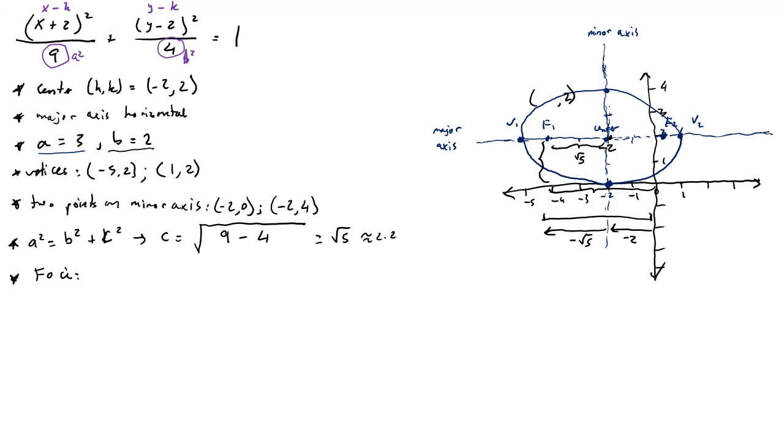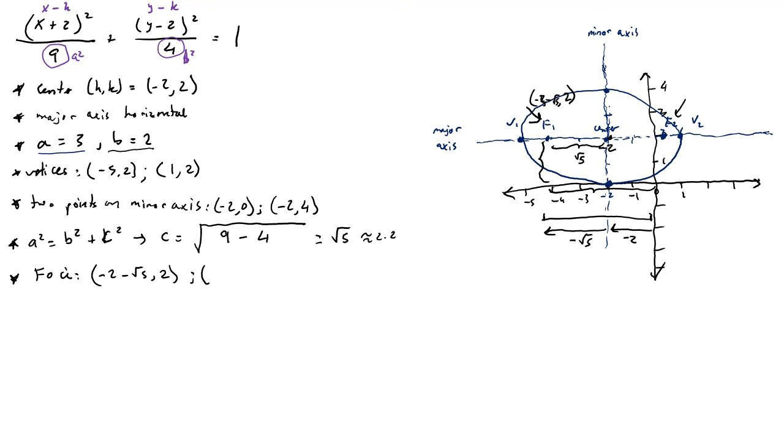Okay, so the x coordinate for the point F1 is going to be -2 and then minus another square root of 5. -2 minus root 5, and the y coordinate is 2. So that's this first focus right here, F1.